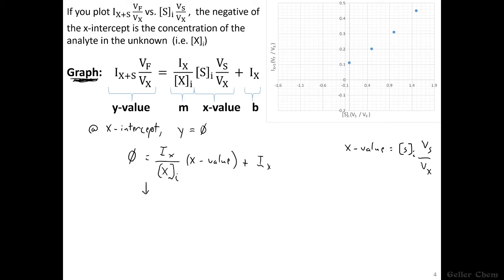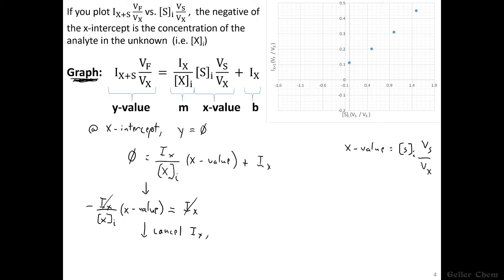Step 1, bring that Ix over Xi times x value to the left side of the equation, which means it's now negative, and on the right side, we're left with nothing but Ix. From there, how can we simplify? Well, we have Ix on both sides, so let's cancel those. Cancel Ix.